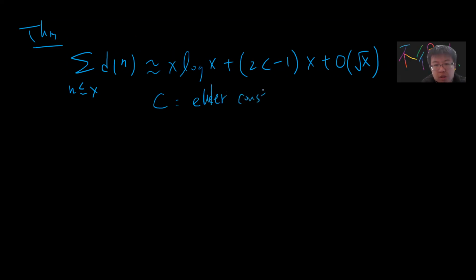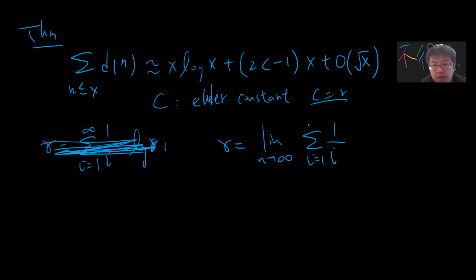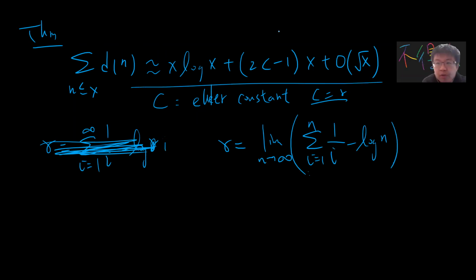Some people like to write it as gamma, the Euler-Mascheroni constant, defined as the limit as n goes to infinity of the sum of 1 over i from 1 to n, minus log n. Sorry, the earlier notation was bad. So this is what we're going to prove.